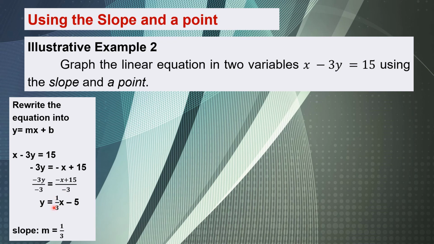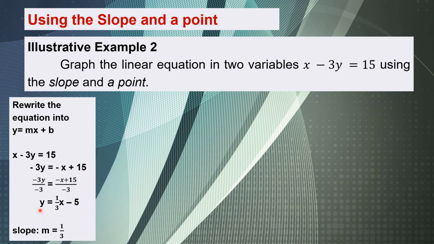Why positive? Because pag nag-divide tayo ng parehong negative, ang sagot ay laging positive. Then, positive 15 divided by negative 3 is negative 5. Bakit? Pag nag-divide tayo ng magkaiba ang sign, ay laging negative.